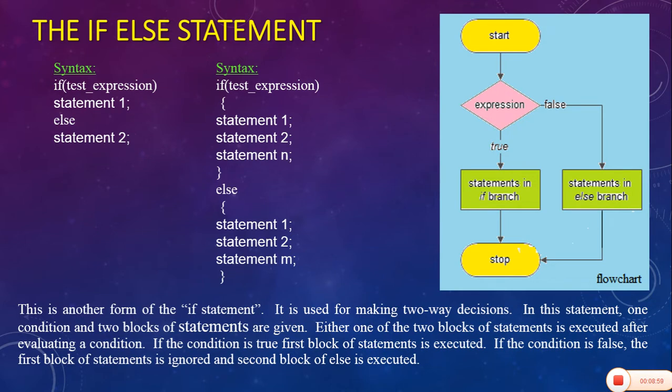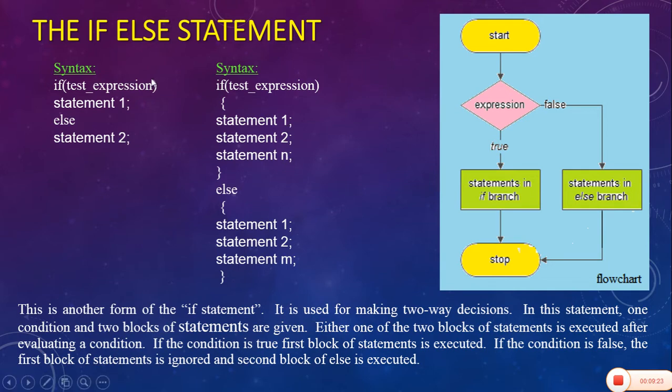Now if we consider the same if-else statement in the form of blocks, suppose there are two blocks. One block mentioned over here is for when the condition is true. When the condition is true, then statements 1, 2 and n will be executed.